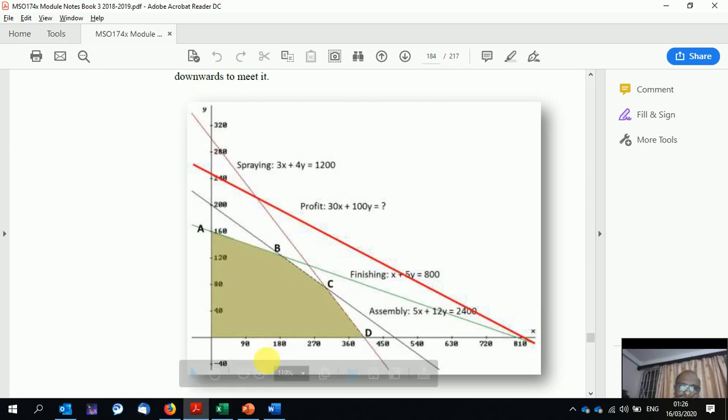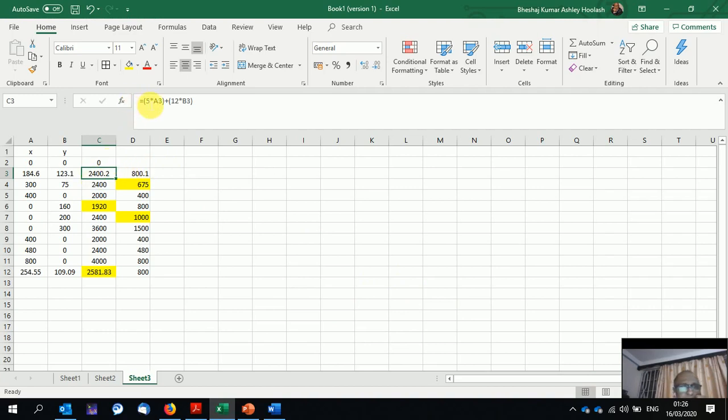But basically, what I can suggest is you take the two binding constraint equations, as you can see, 5x plus 12y for assembly and x plus 5y for finishing, right? And let's talk about the assembly first.